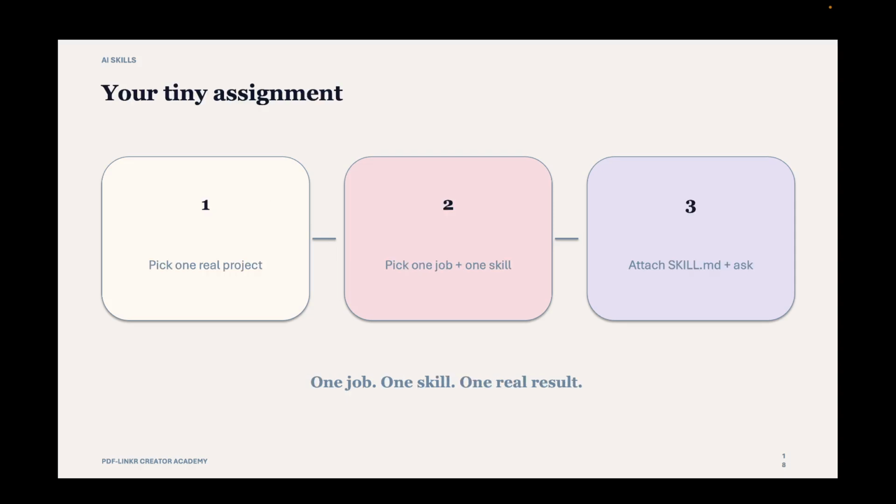So we're going to go through skills. I'm going to show you each thing, and then I want you to try it this week. I want you to try out these skills on your projects. Let's go download a skill, and I'll show you exactly how to do it step by step, and then we'll talk about it.